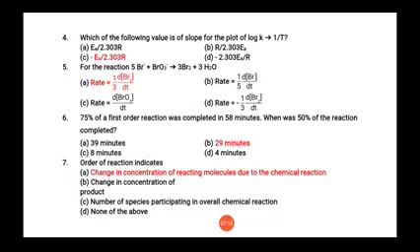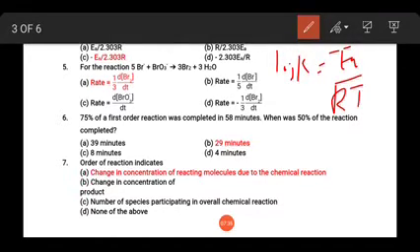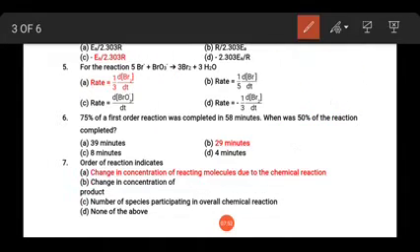I am writing here the Arrhenius equation: log k is equal to minus Ea upon RT in bracket 1 upon T1 minus 1 upon T2. So if the plot is of log k versus 1 upon T, then the answer must be minus Ea upon 2.303 R. So that is our answer.